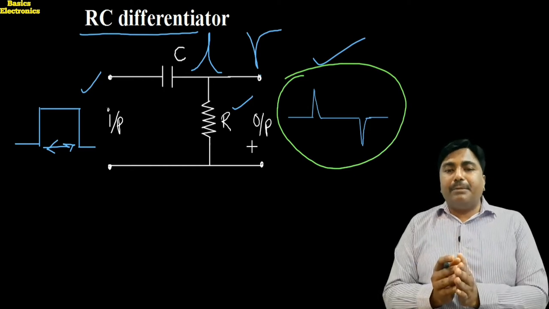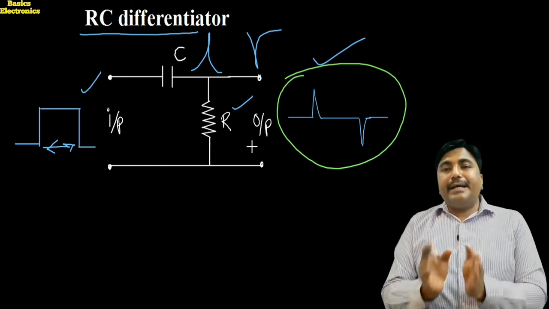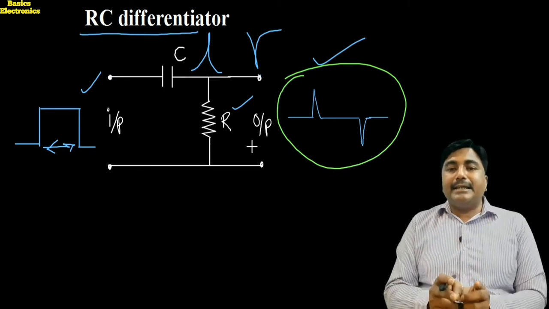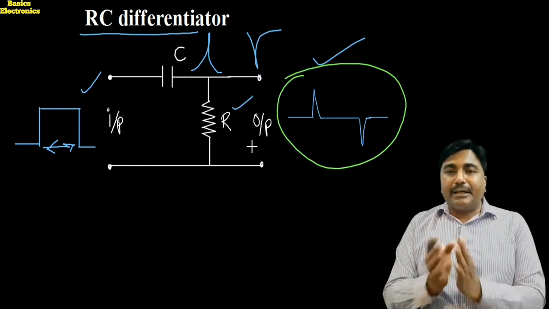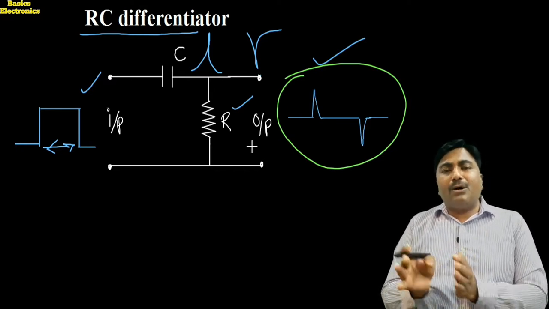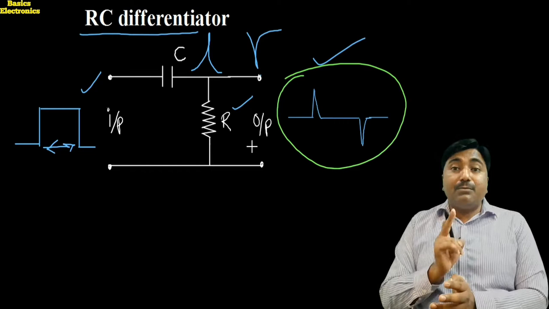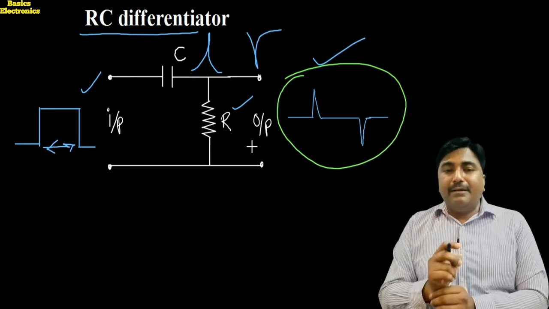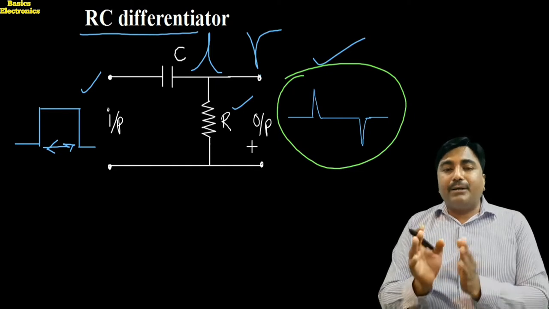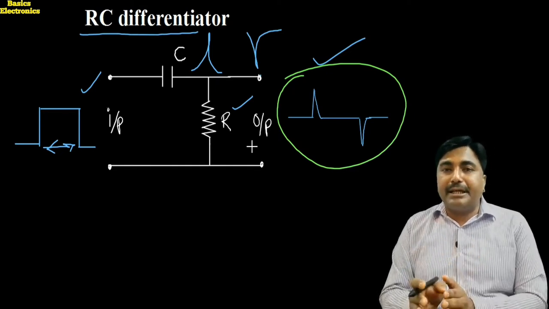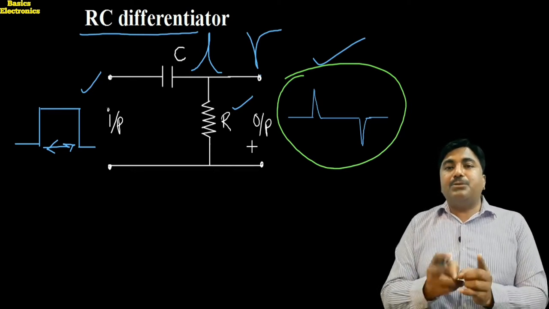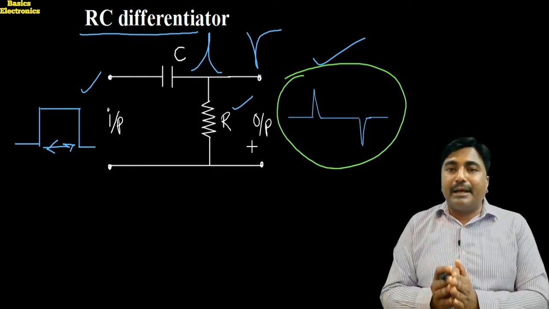So we just have to keep in mind that to produce the edges of the clock pulse, we are using the RC differentiator circuit. We do not need to know the complete working of the RC differentiator. Just keep one thing in mind: when we apply the clock pulse to the RC differentiator, it produces the positive edge and the negative edge due to charging and discharging of the capacitor.